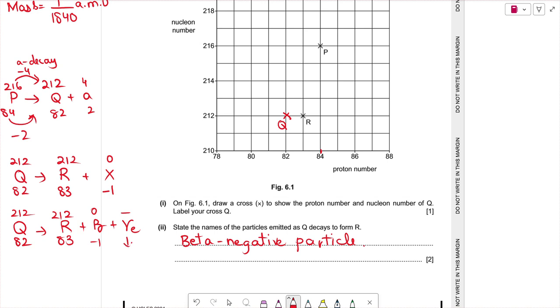Now the antineutrino has no charge and the mass is negligible. So it does not affect the equality of the sum of proton numbers to the right and the sum of proton numbers to the left, and same for the mass numbers as well. So when there is a beta negative particle that is emitted, an antineutrino is always emitted. However, if a beta positive particle is emitted, then a neutrino is emitted.